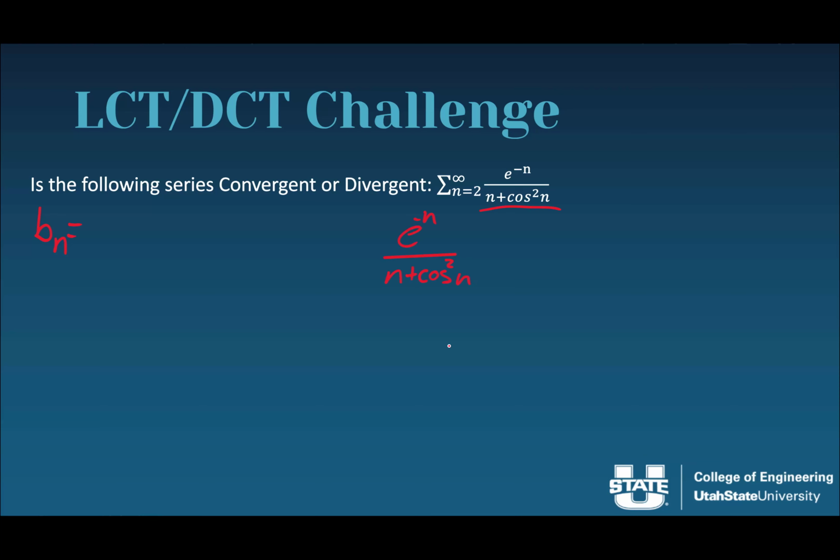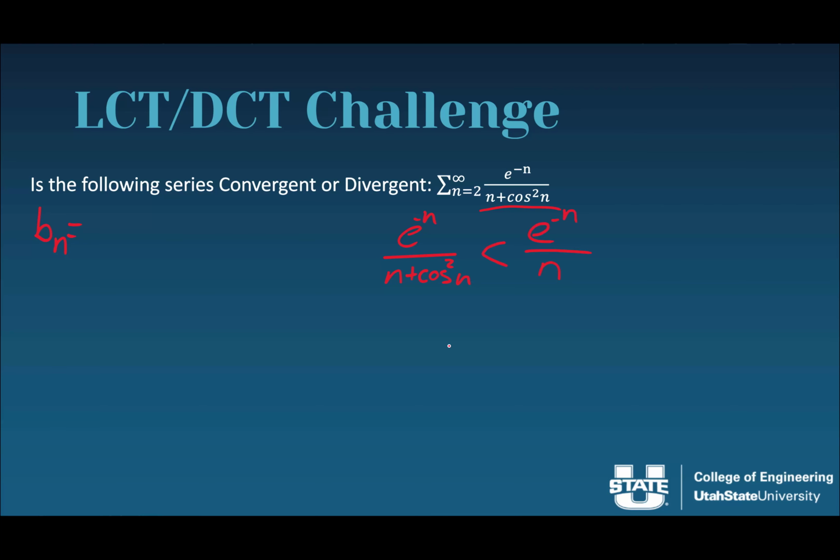So it's never going to be negative, and it's just going to go between 0 and 1 the whole time. Which means that this whole thing is going to be less than e to the negative n over n, right? Because e to the negative n over n plus 1 is always going to be less than e to the negative n over n. Does everyone track that step?